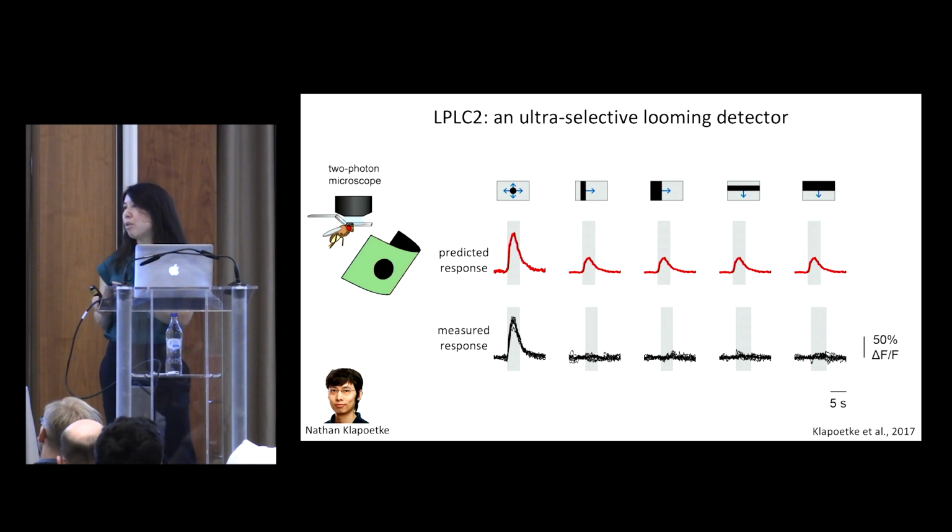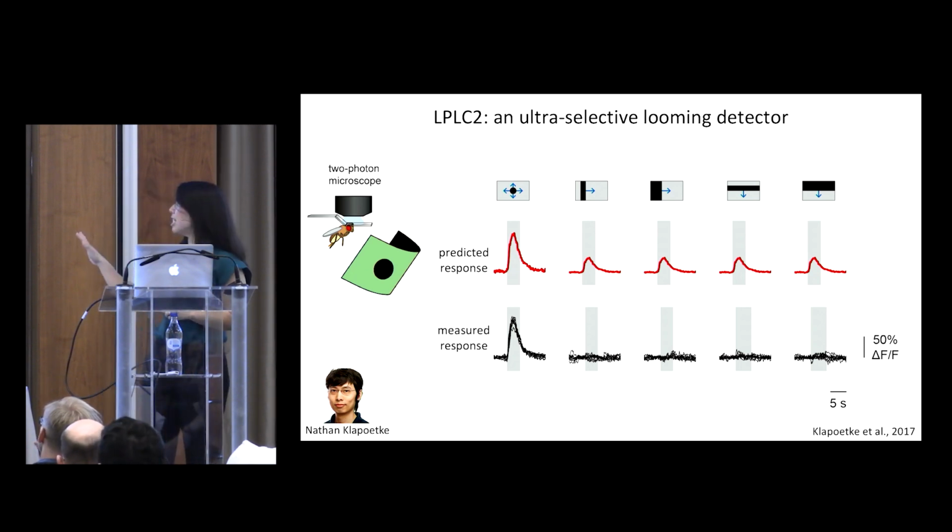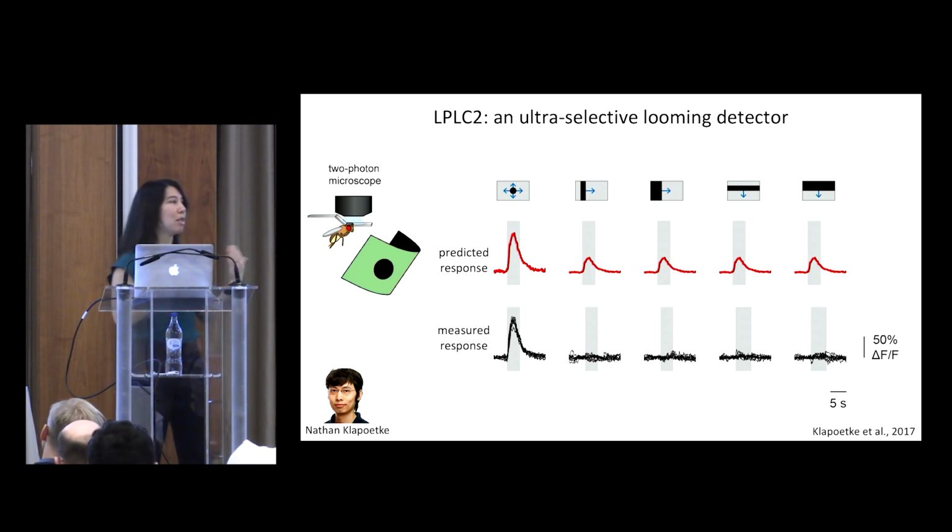I don't have time to go into the details of that. I'm happy to answer questions or talk about it later, but let me just say that this selectivity comes from not just the excitation predicted from the morphology, but also inhibition from other motion-sensitive layers in the lobular plate, which are effectively canceling out the inward motion.